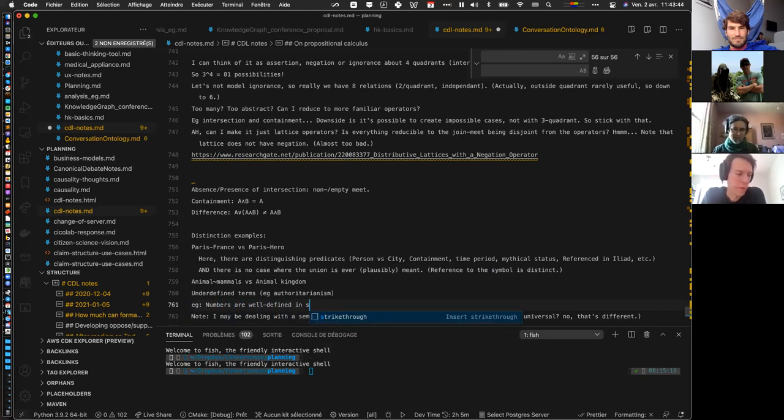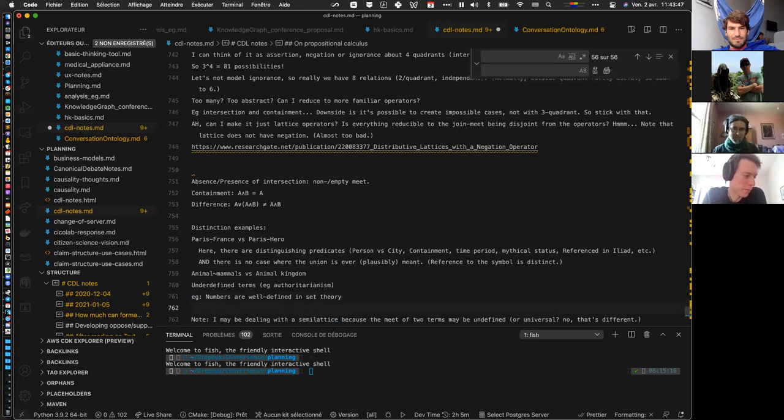Math uses numbers. You don't really care which numbers. Yes. Numbers are well defined in set theory. I'll take this one. And here, it could be N, it could be R, it could be C. It doesn't matter. And being ambiguous about it is perfectly fine.